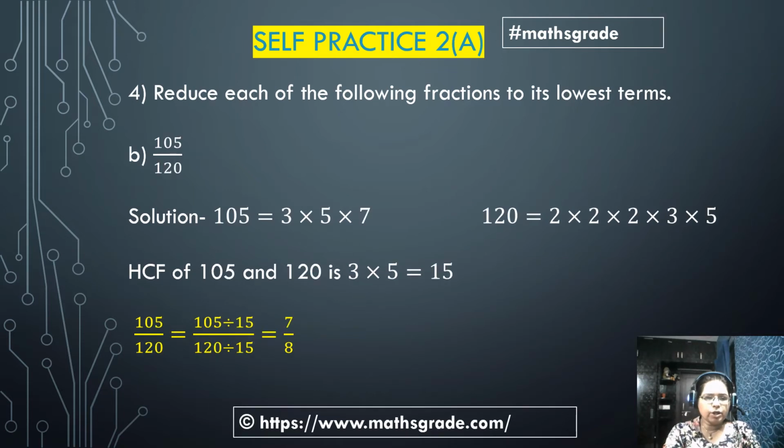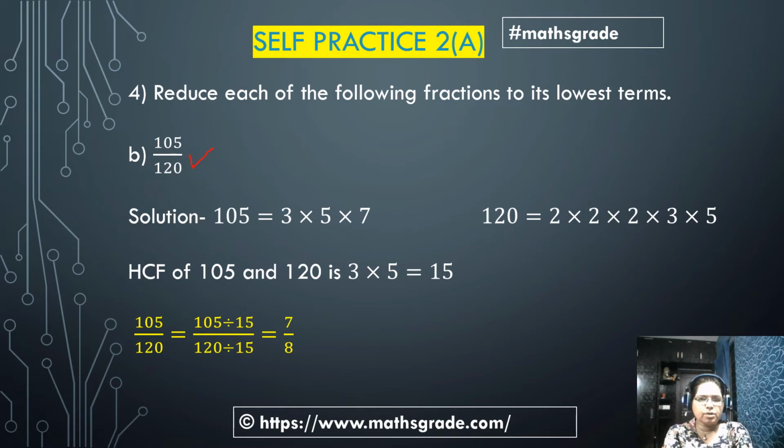Now we have to reduce the fraction 105 divided by 120 to its lowest form. First we have to express 105 and 120 as products of prime factors. We know 105 is 15 multiplied by 7.